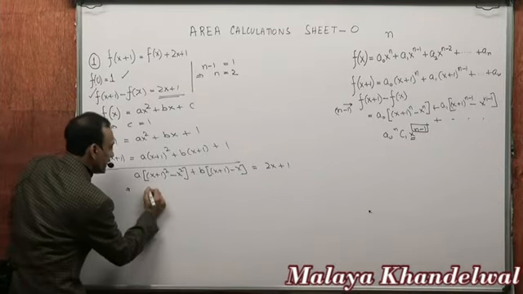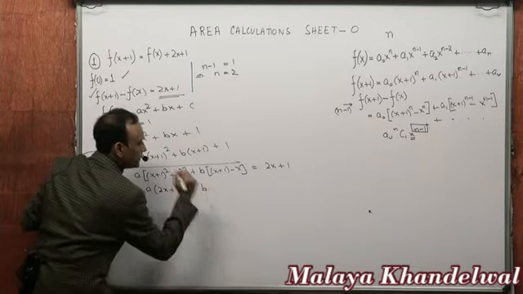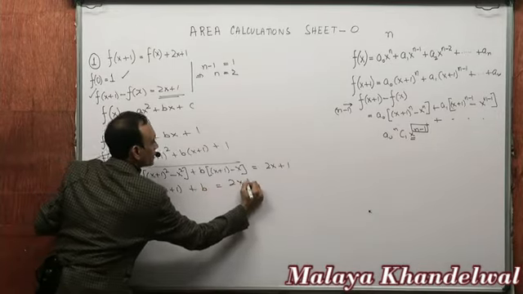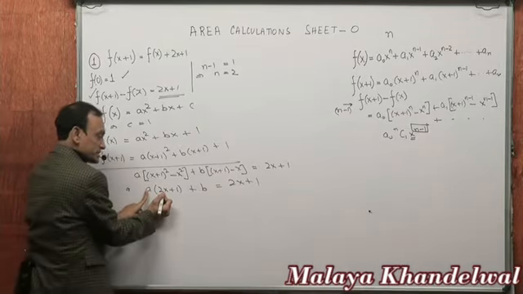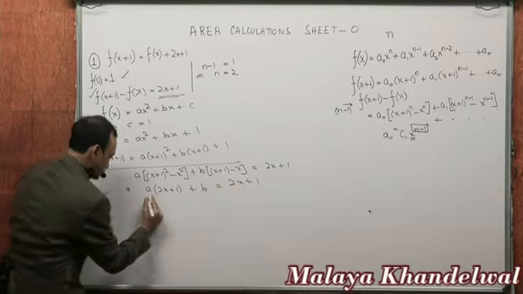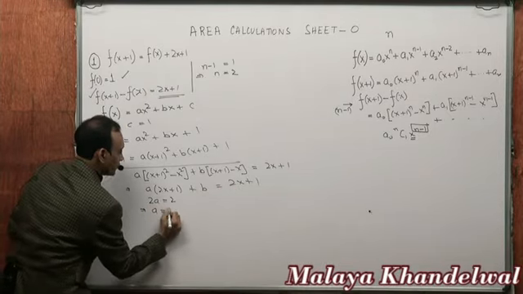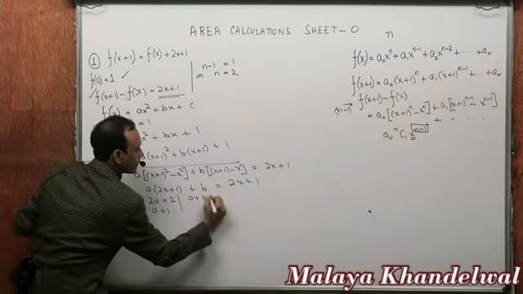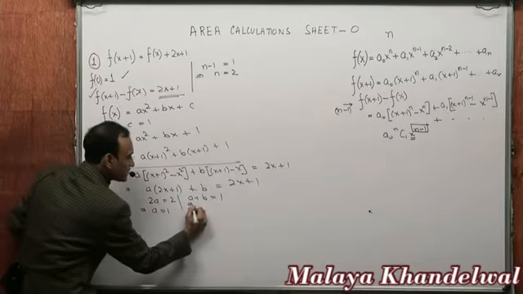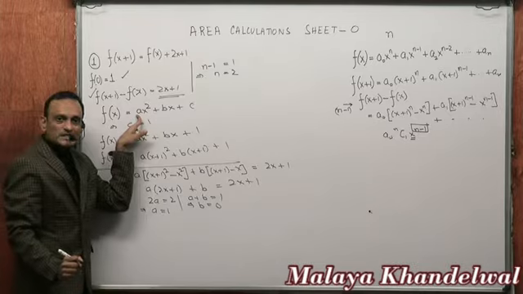Now this is going to give me a(2x+1) + b = 2x+1. This is obviously an identity, true for all values of x. So equating the coefficient of x, I get 2a = 2, or a = 1. Equating the constant term, a + b = 1, and a is 1, so that makes b equal to 0.